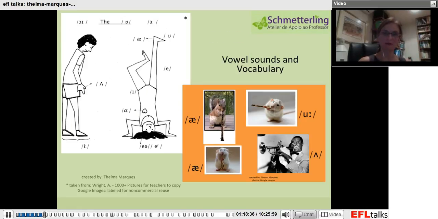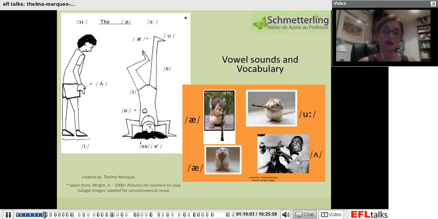In order to present the symbols, you can use anything in your classroom. You can use any kind of vocabulary. So there is room for pronunciation in the classroom, not only for grammar, even when you teach vocabulary. For example, on the left, when you revise parts of the body, you can have a picture with symbols.